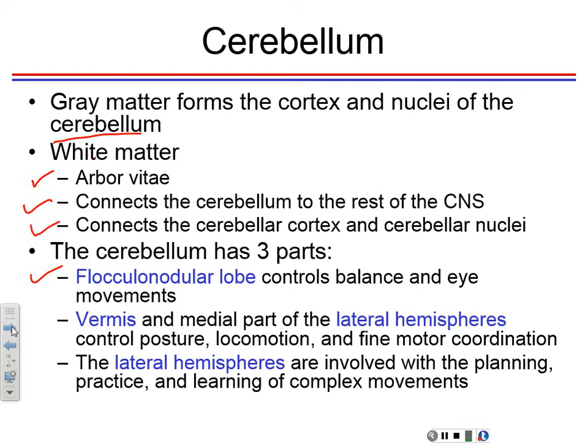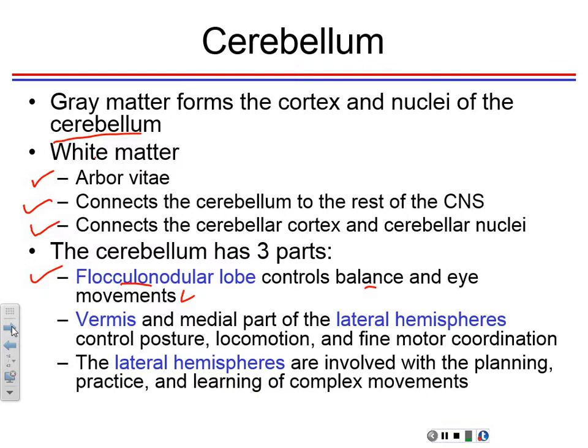So this should remind you of eyes. So balance and eye movements: flocculonodular.